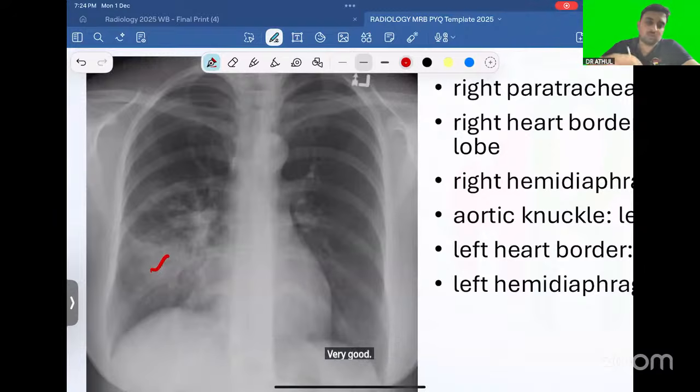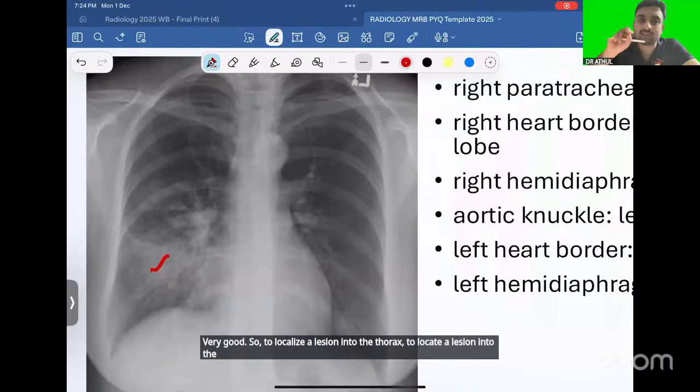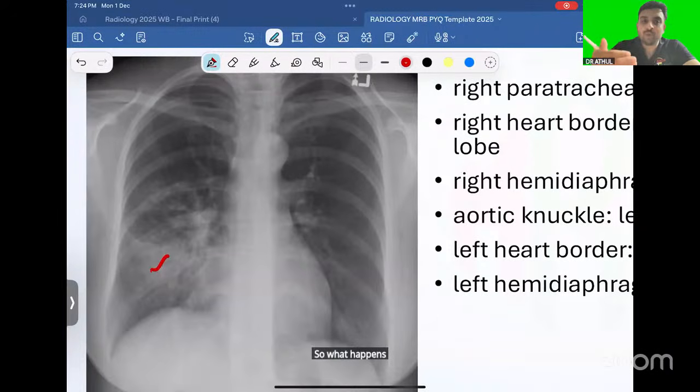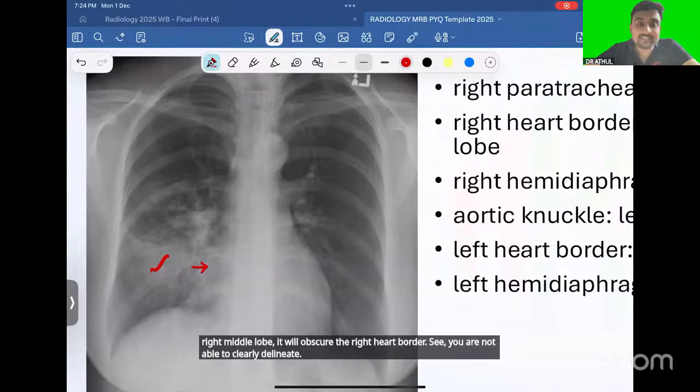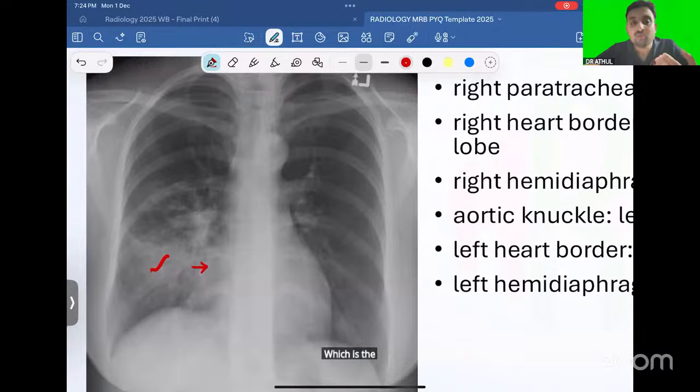Very good. To locate a lesion in the thorax, there is a sign called the silhouette sign. If there is a pneumonia or a lesion in the right middle lobe, it will obscure the right heart border. You are not able to clearly delineate the consolidation from the heart border.